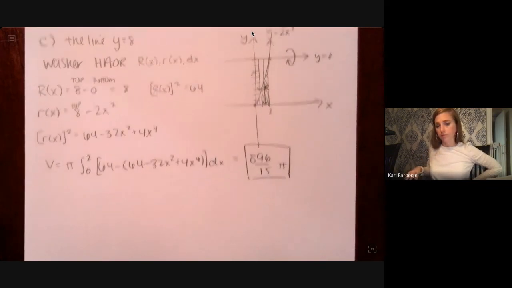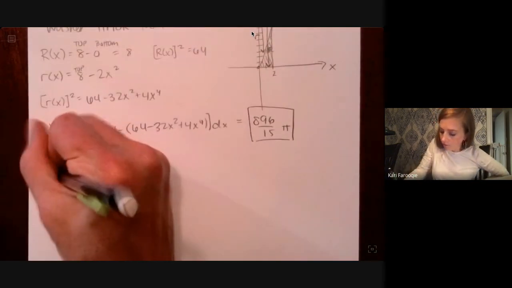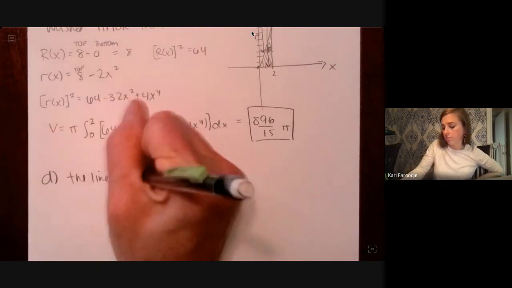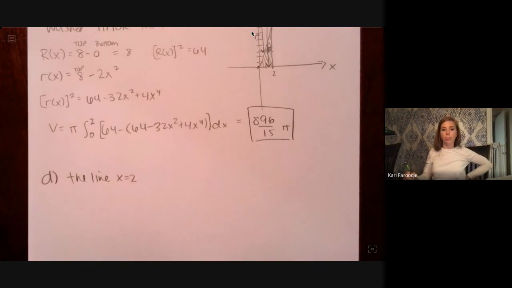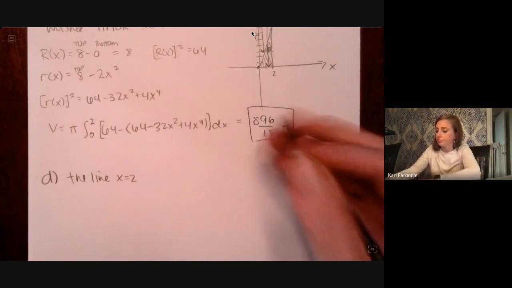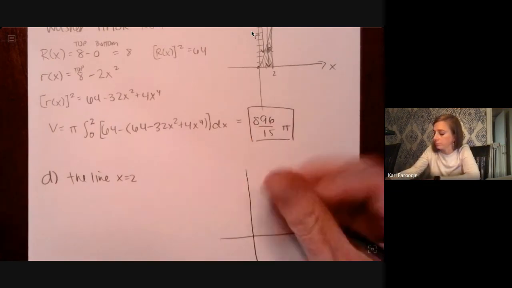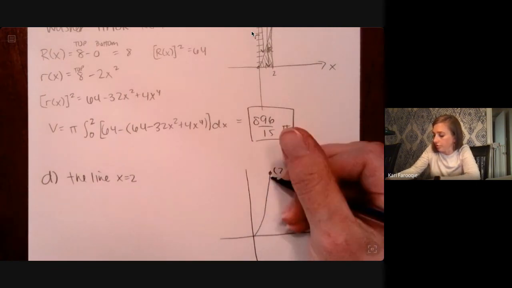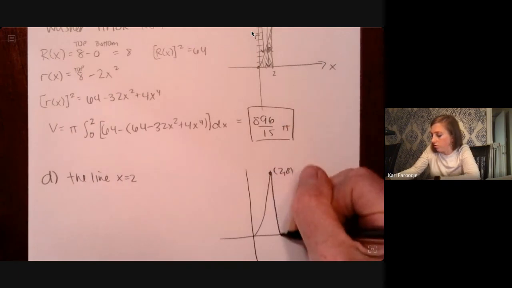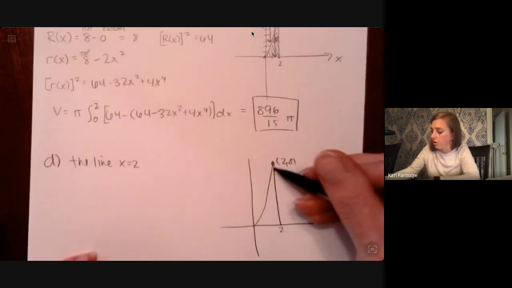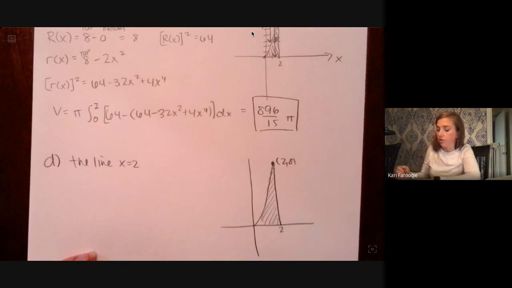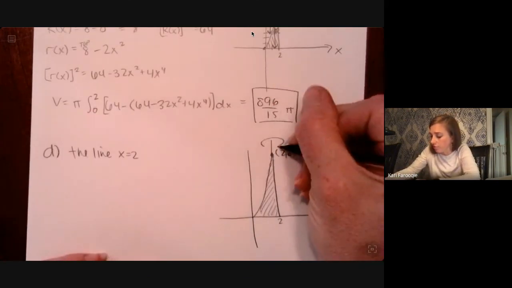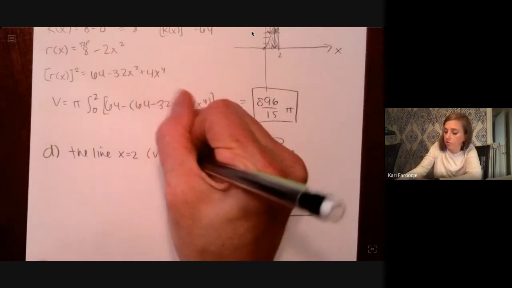Okay. The last thing I wanted to look at here was the line x equals 2. So again, I'm just redrawing this figure over and over again at this point. The line x equals 2, if I'm revolving about this line, is a vertical axis of revolution.